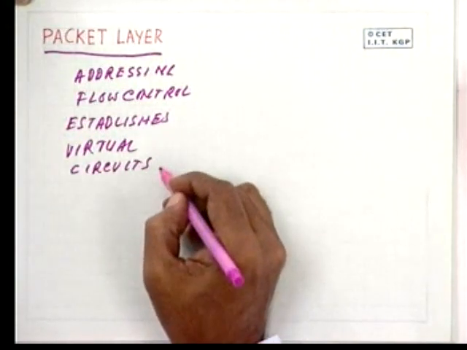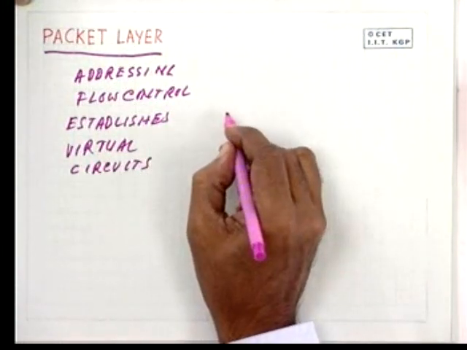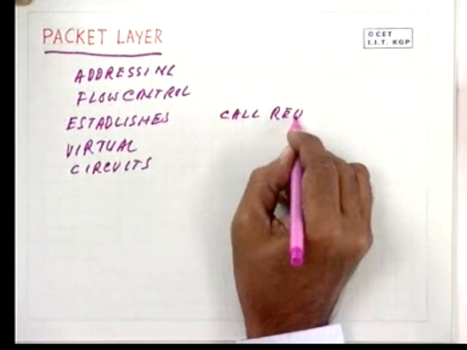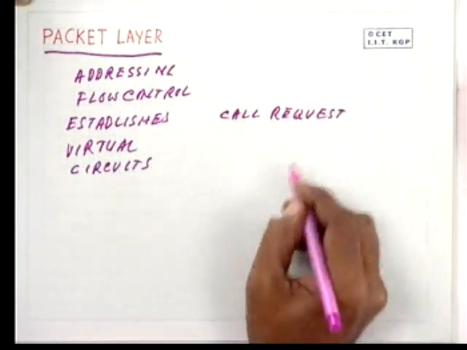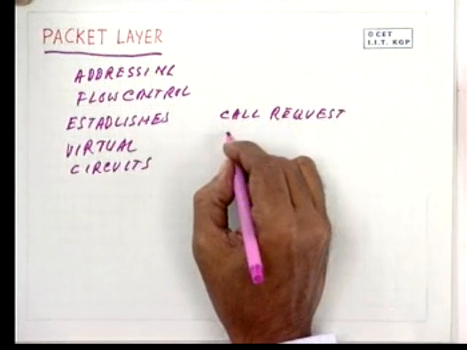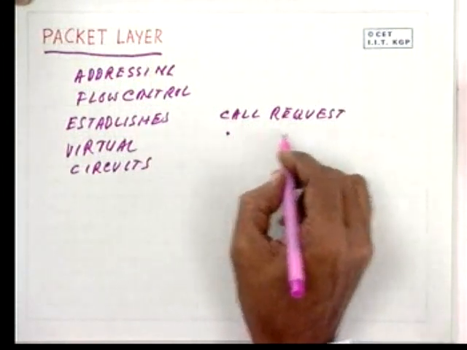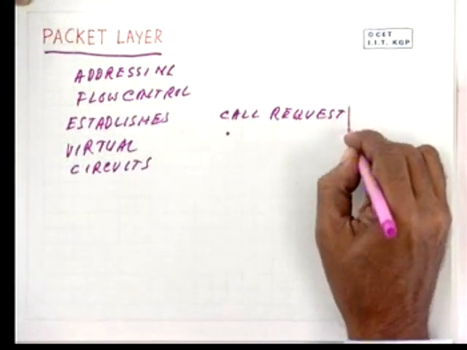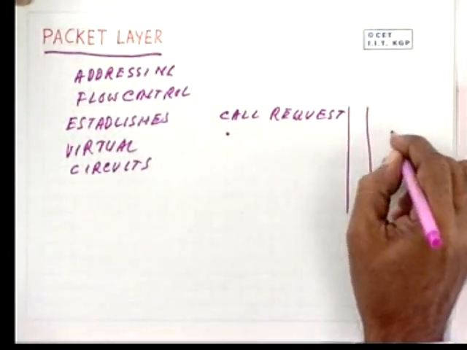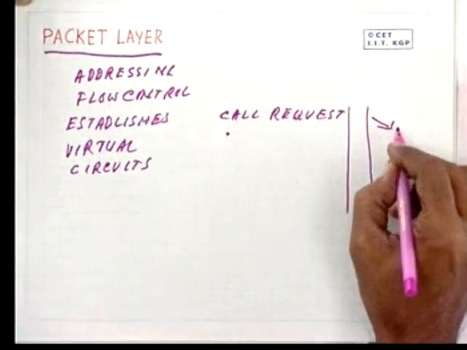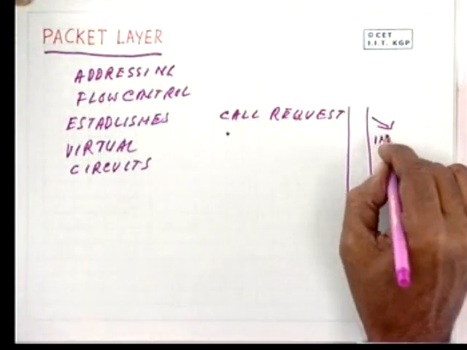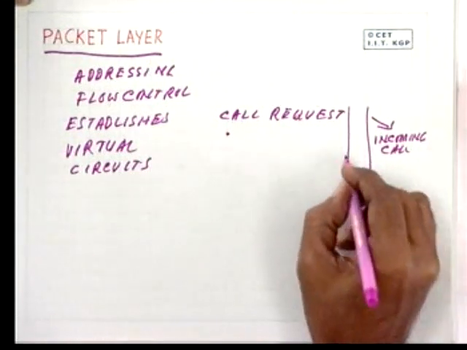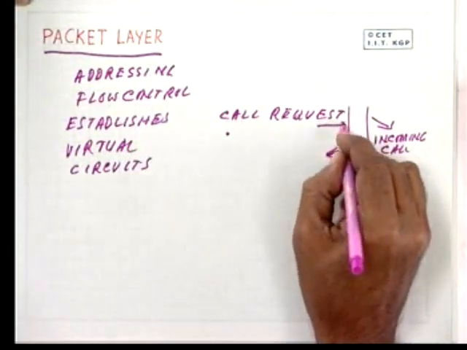To establish a virtual circuit, as you know, you have to follow a sequence like call request, then call indication. Suppose this is the call request packet sent, the other side will get a response known as incoming call, and then it will give indication.